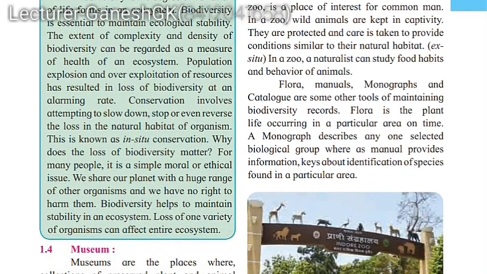Flora manuals, monographs and catalogs are some other tools of maintaining biodiversity records. They tell what kind of plant species are there, and what species are found in a particular area.